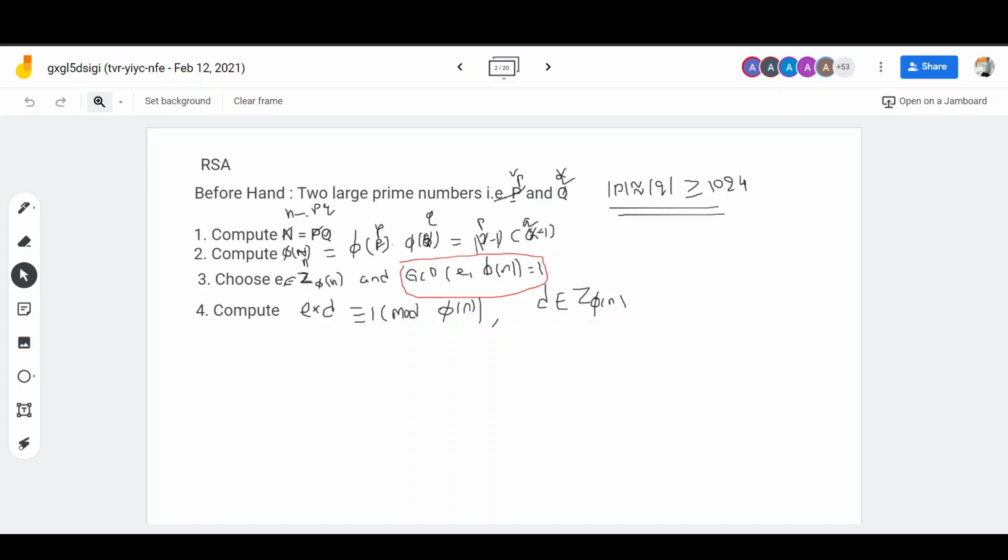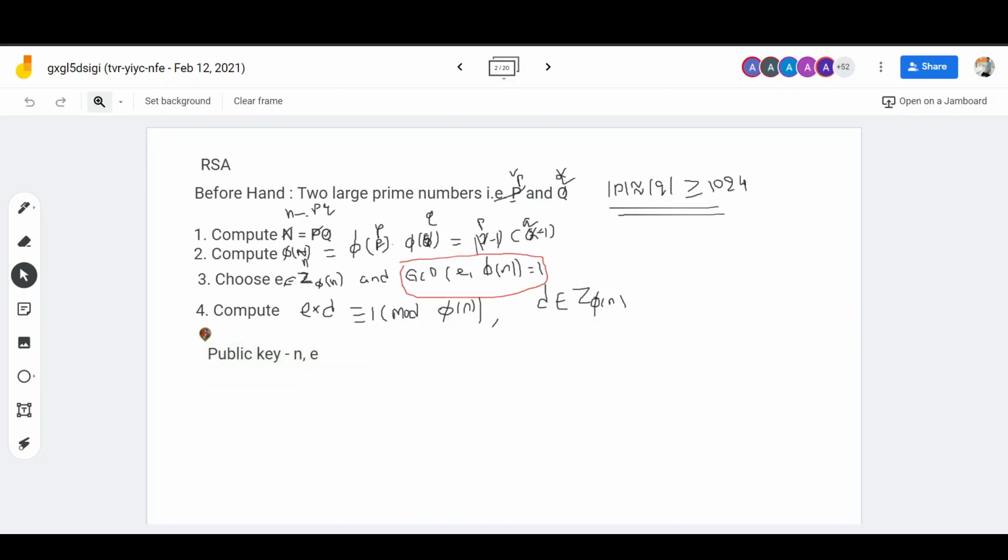Finally you need to declare the final statement, publicize. That means you need to compute the public key parameters. What are the public key parameters? We have n and e. These two are our public key parameters.